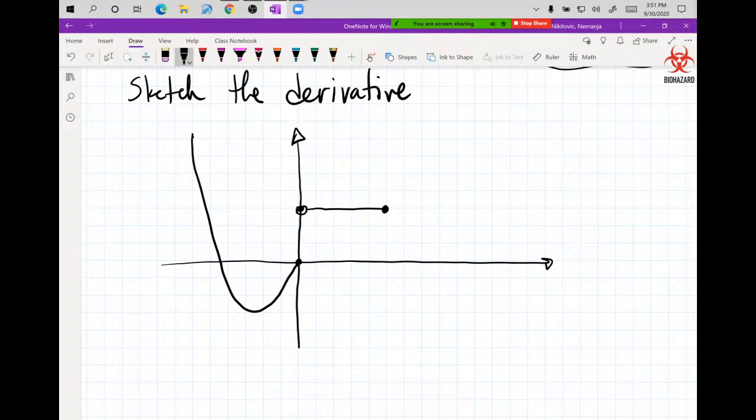Go across, stop, go up, stop, and then let's say go up like this, forever and forever. So draw this as your f of x. Draw the derivative on your own.